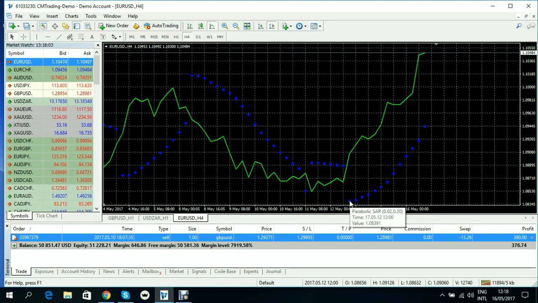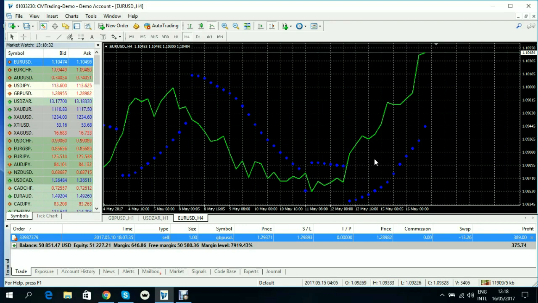It means that this dot here is representing support, which means that the price has been supported from going below, from continuing the downtrend, and has been supported to reverse upward.